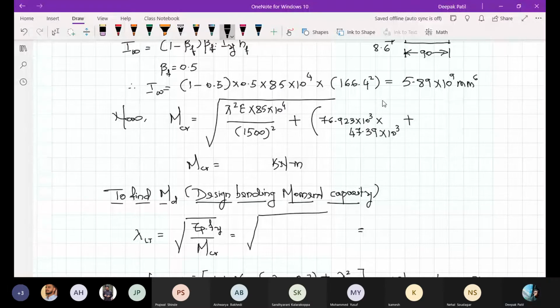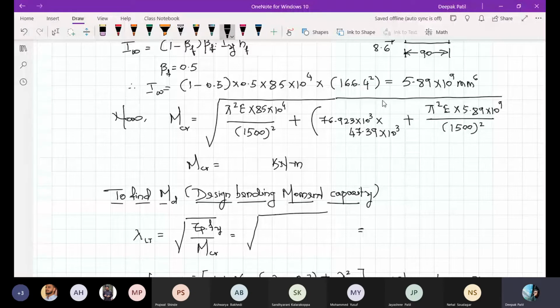Plus pi square E into Iw, the warping constant, 5.89 into 10 raised to 9, divided by LLT square, the effective length square, 1,500. This whole thing under the square root.